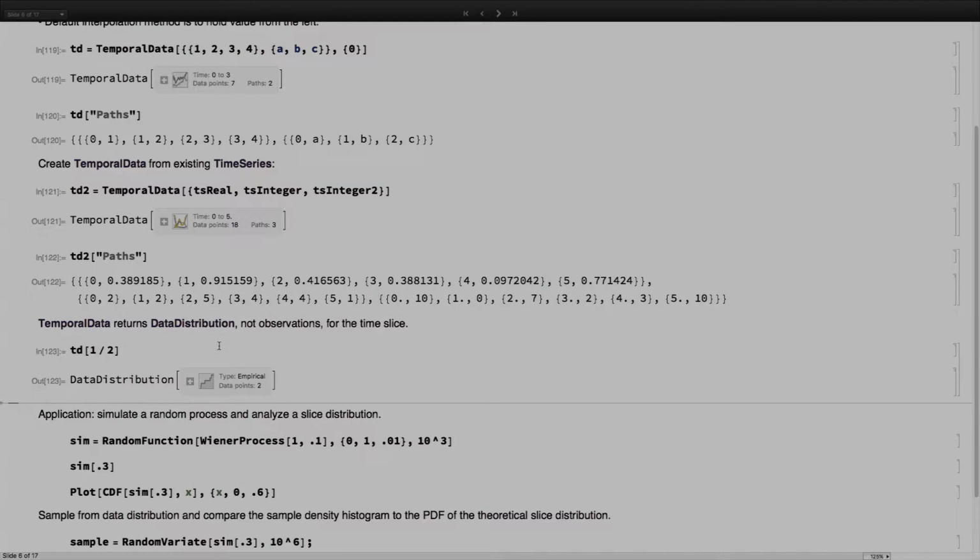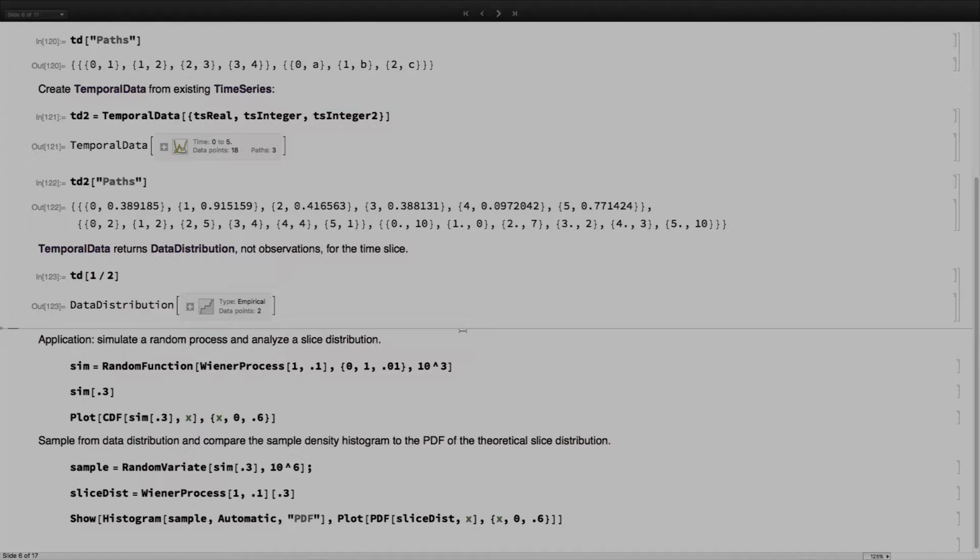Now the difference between the time series and temporal data is that for the value, it's not necessarily just in between the timestamps, but any value at a given time, it's going to give us a data distribution, because this is designed to study the slice distribution. So we assume really that we have maybe lots of paths, and we would like to know what are the properties of the slice distribution.